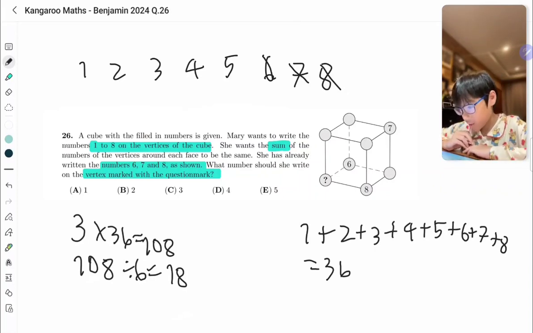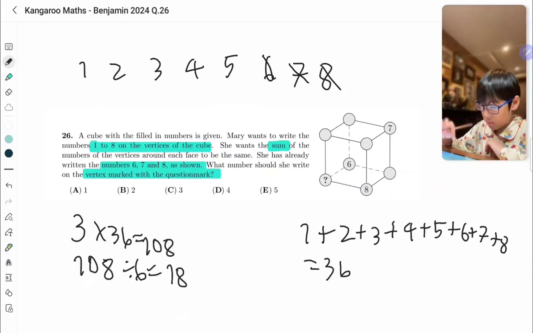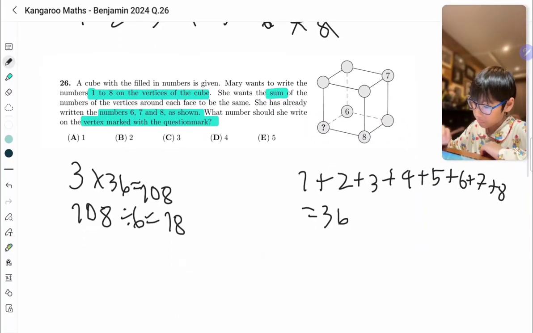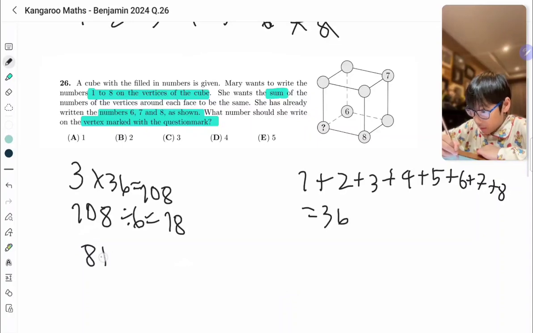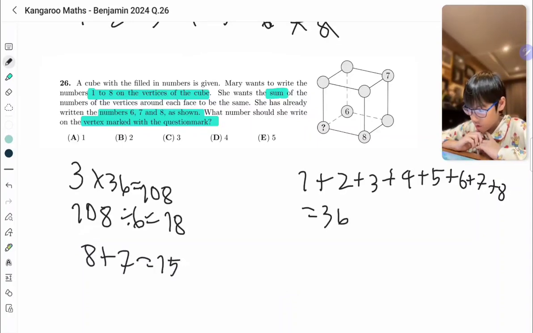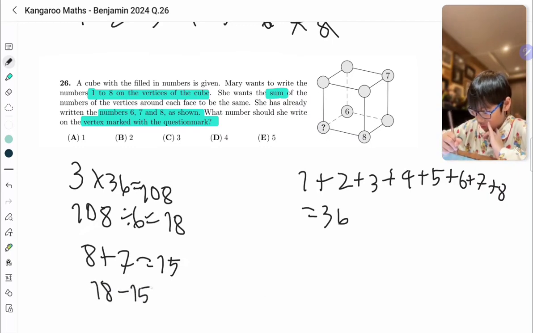Now let's go back to the original question. 8 plus 7 is equal to 15, right? And 18 minus 15 is 3.